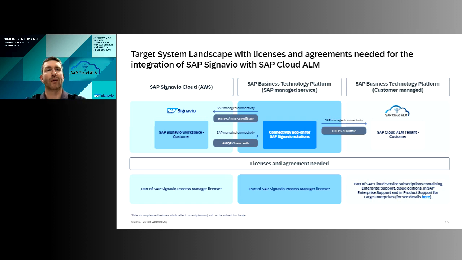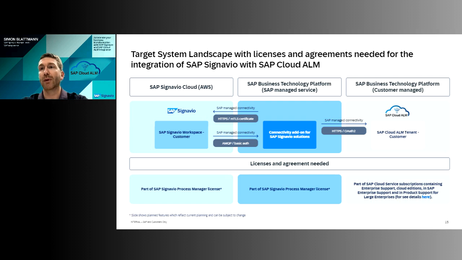There's a question on requirements. As said, the diagrams, the process information can be used as a baseline to attach requirements in Cloud ALM. And the further question is if we would see the requirements in Signavio. For the MVP release, this is not possible.